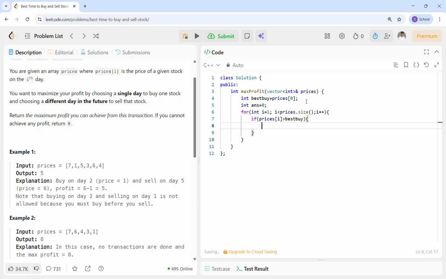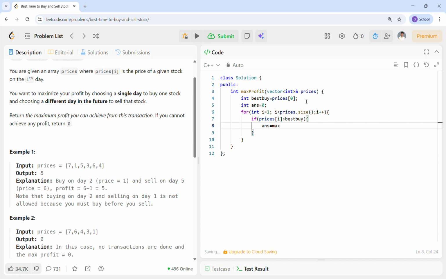If we buy at 7 and sell at 1, we won't have any profit. It will be in minus only, right? So only at that moment will we take the profit, otherwise we won't.